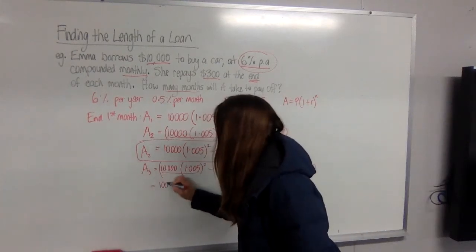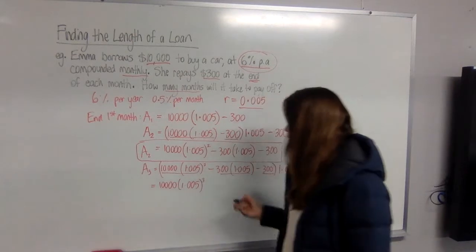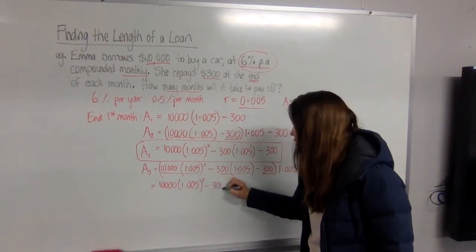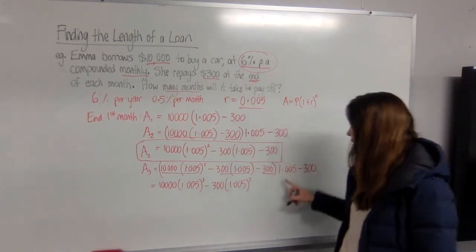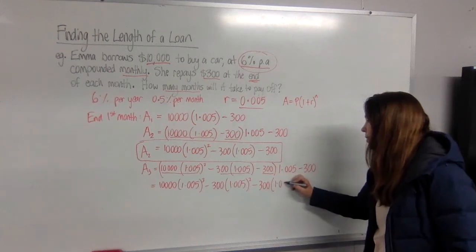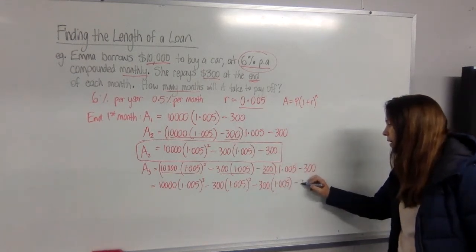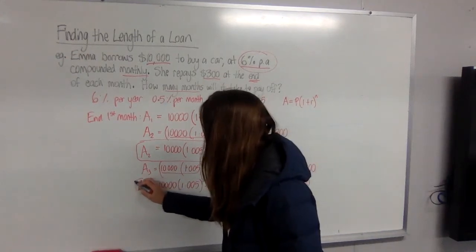The first one will become 10,000 × 1.005 cubed. Then we'll have 300 × 1.005, which is now squared. And we've got 300 multiplied by 1.005 and then minus 300. All right, this is our good formula now for A3.